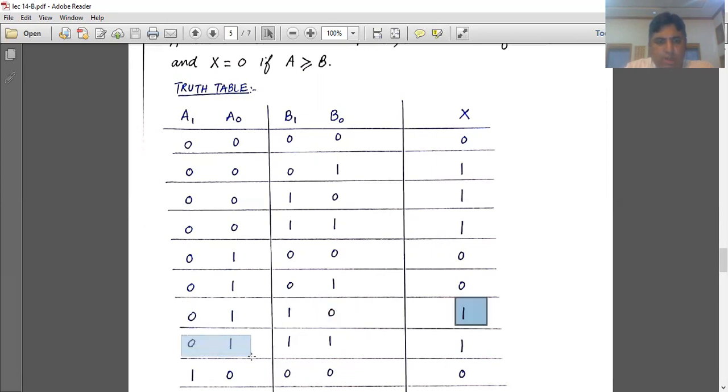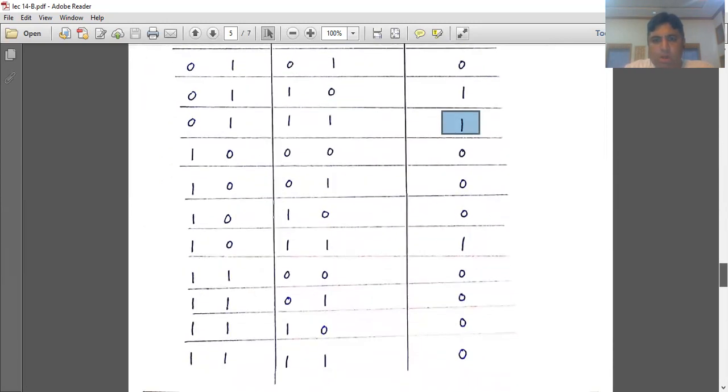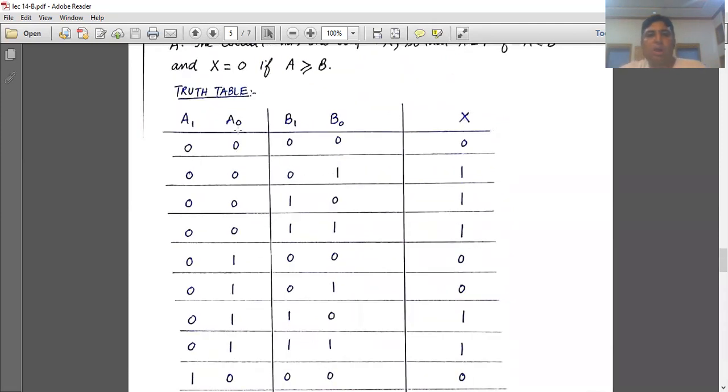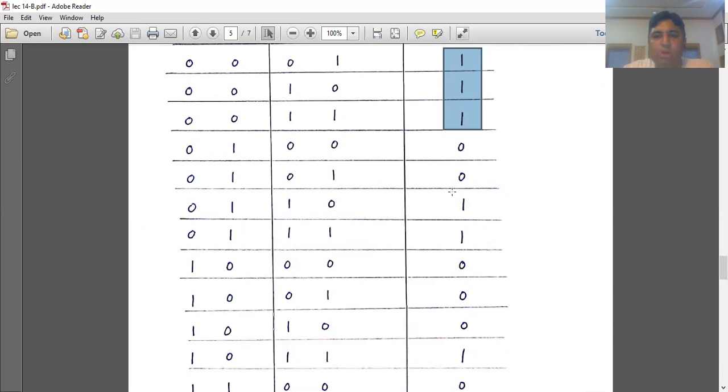And in this case, A is 1, B is 3, so A is less than B, so X becomes 1. And in another case, A is 2 and B is 3, so A is less than B, so X becomes 1. So I have shown you the cases where A is less than B and put ones in the output.